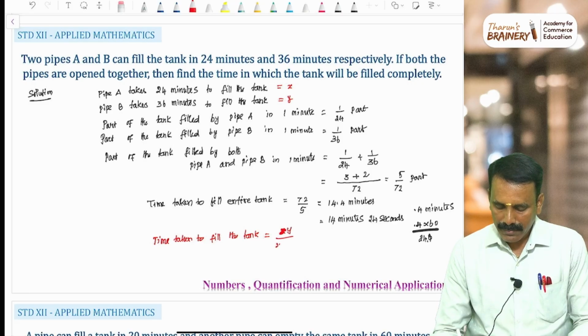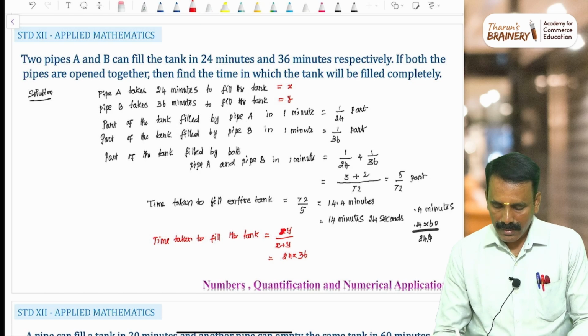Which is nothing but 24 into 36 divided by 24 plus 36, which is equal to 24 into 36 divided by 60.